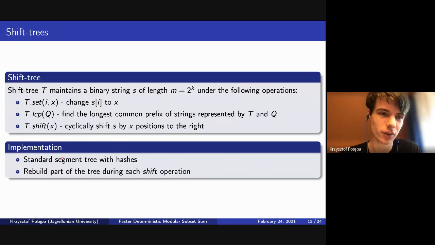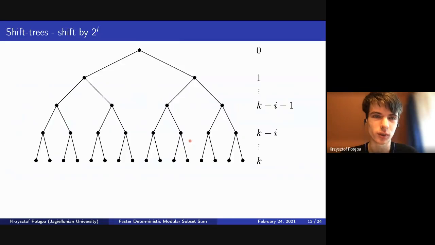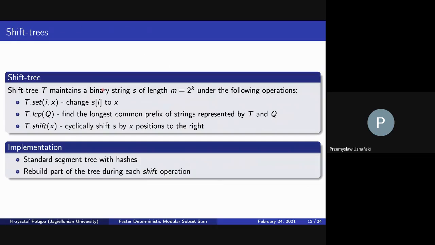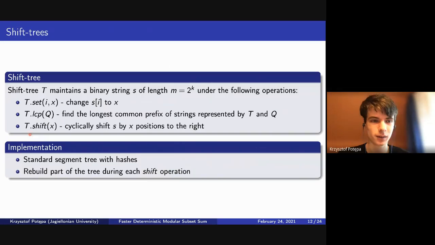And we implement this structure as a segment tree with hashes. So set is easy to implement in log n, as before. LCP is just what I've shown before. And the interesting part is the shift operation. Okay, so let's see how to do shift. So first, what complexity do you expect from the shift operation?